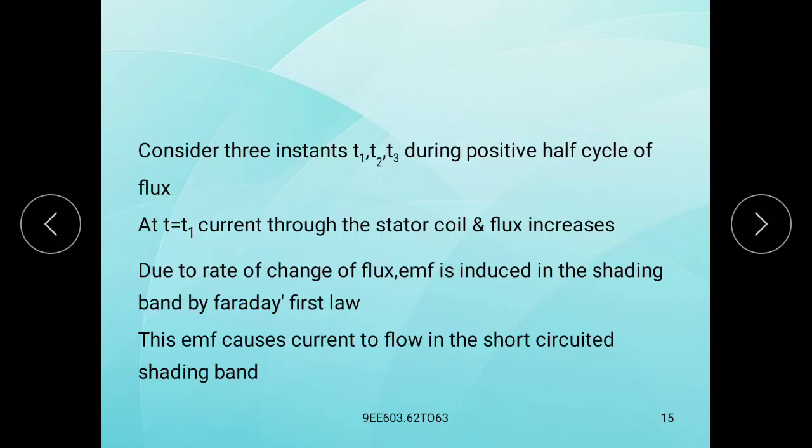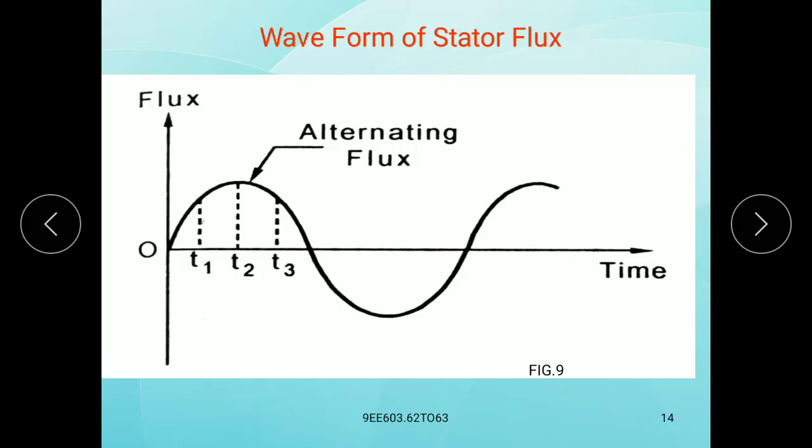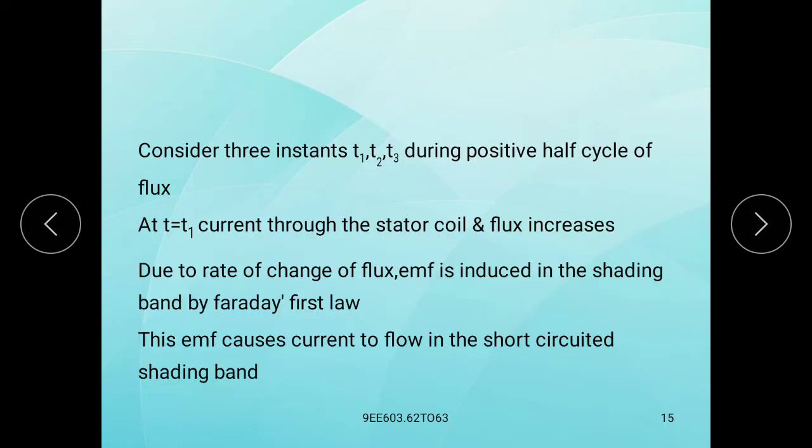Consider three instants T1, T2, T3 during the positive half cycle of flux. See here, this is T1, T2, T3 during the positive half cycle.